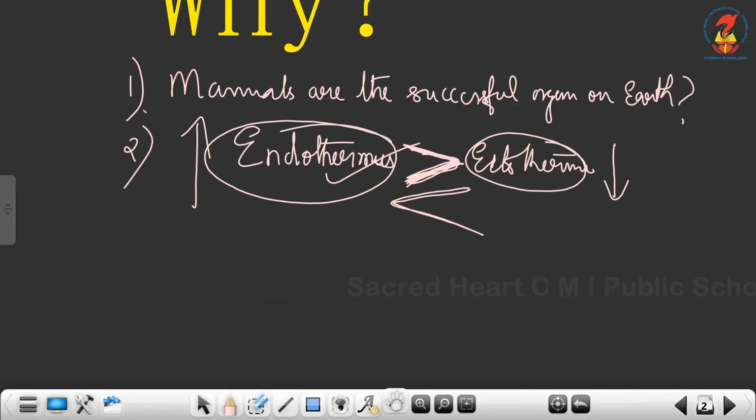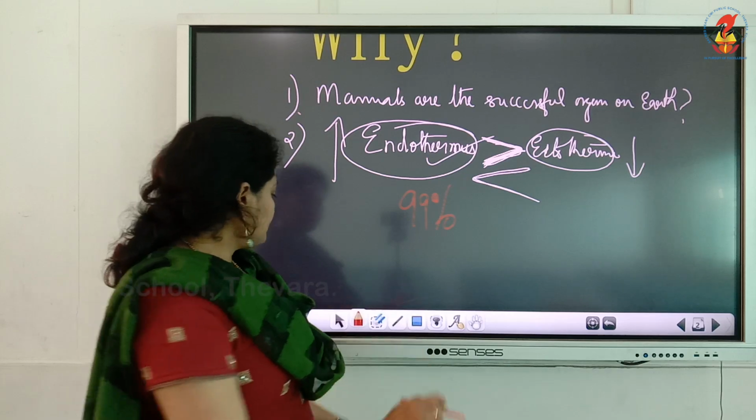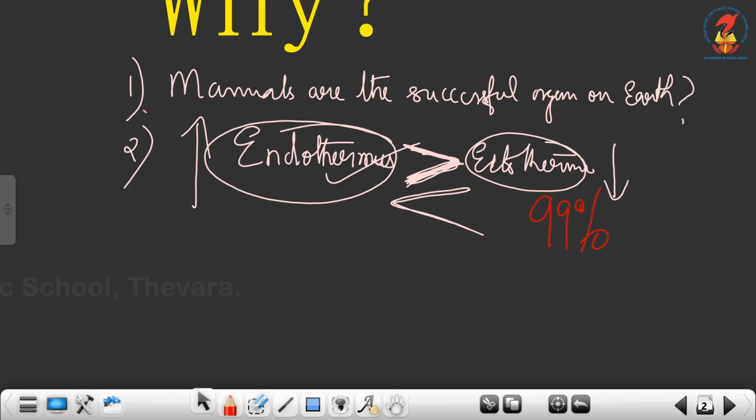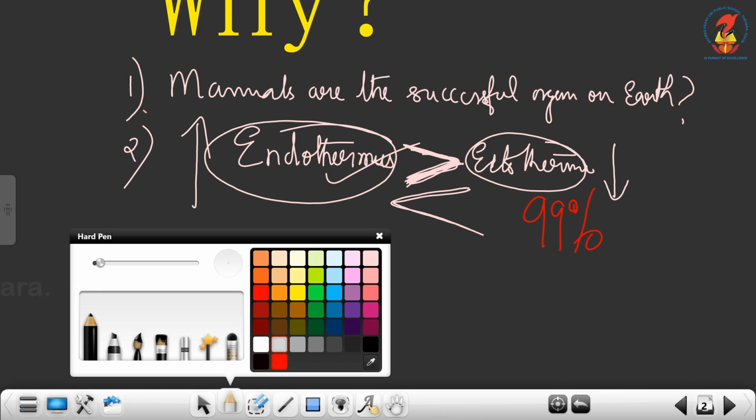So give the reason why. Nearly 99% of the animals, in spite of endotherm or homeostasis being an advantage, are conformers.